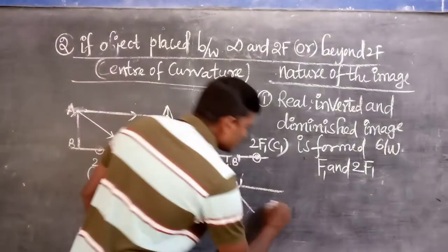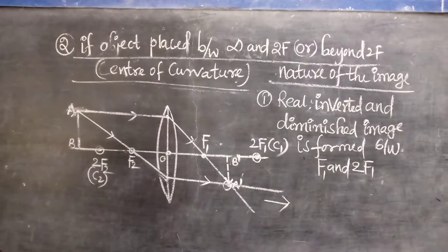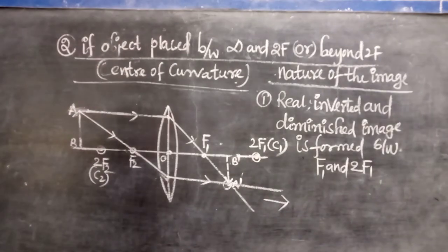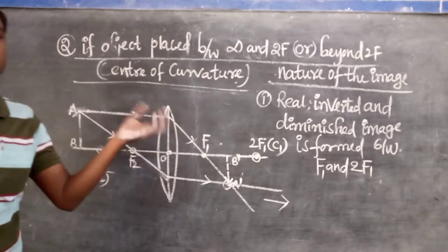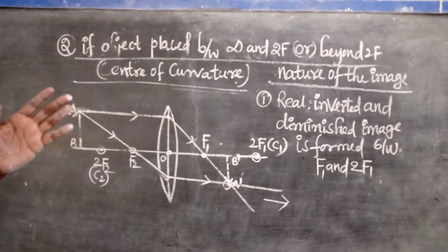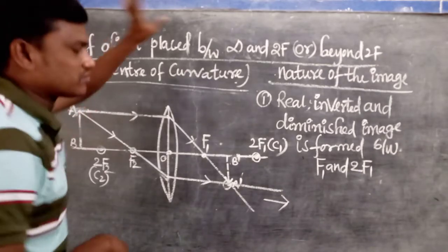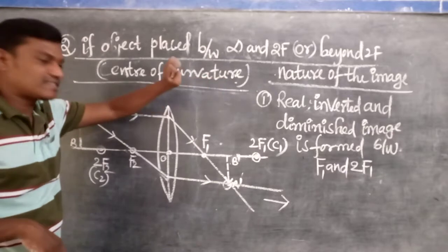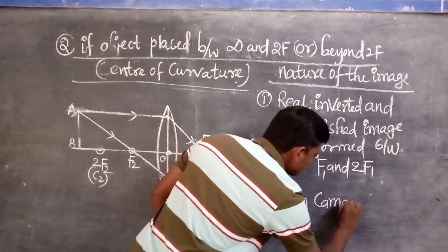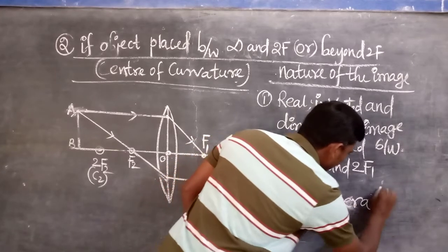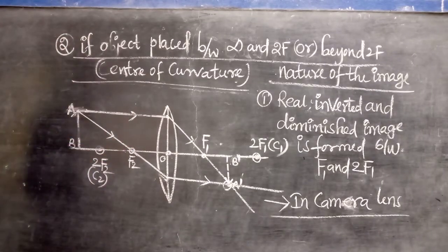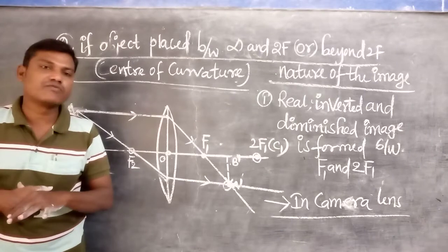That is one. So this type of lens arrangement, where are we observing it? First, mainly we are observing it in burning glasses. This type of manner we are observing in camera lenses. You observe this when you shoot a photo.